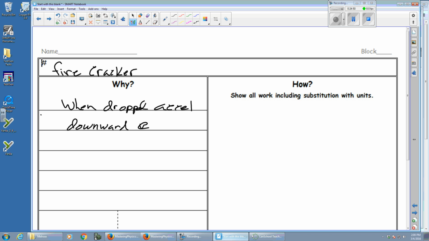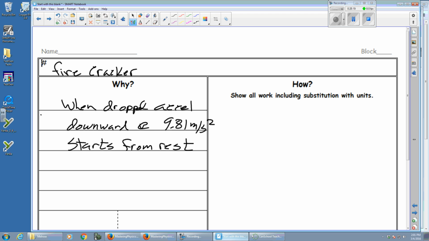What's its acceleration downwards? 9.81 meters per second squared. Excellent. I might even put in here that it starts from rest. That's our definition of dropping. You're not throwing it up, you're not throwing it down, you're just letting it go. So it's starting from rest.